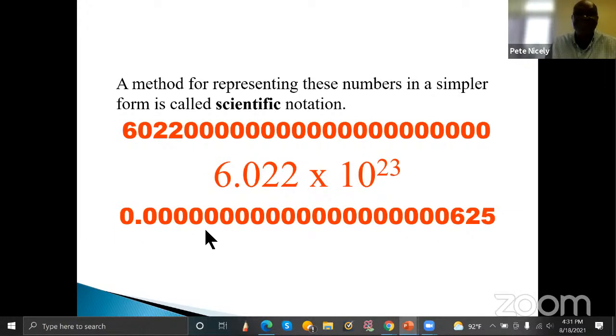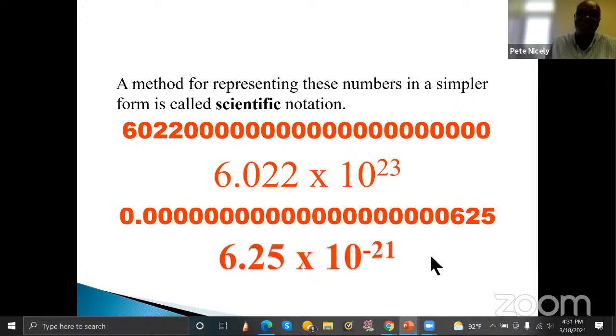This is a normal standard way of expressing this number, but to express it in scientific notation is going to look like this. All right. Again, when you compare these two, this one is more concise and compact. All right. So what we're going to look at is how do we get from the standard way of expressing numbers that are very large and very small to the scientific notation way of expressing it.